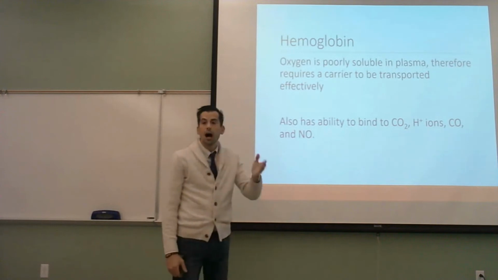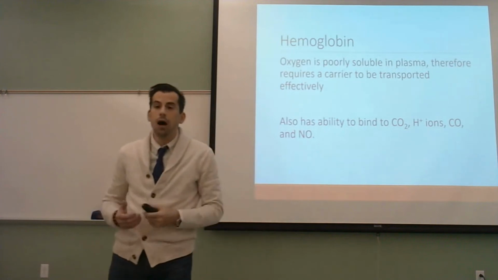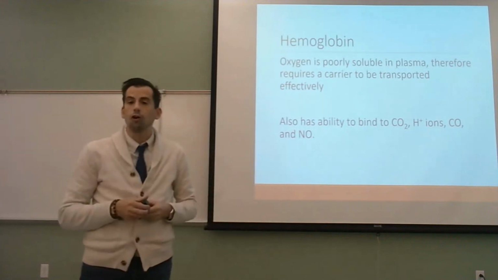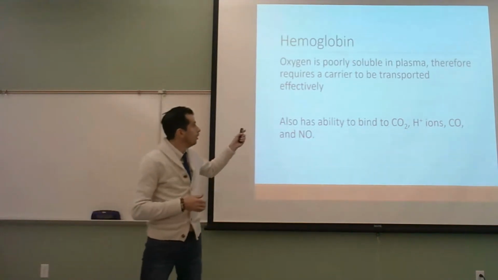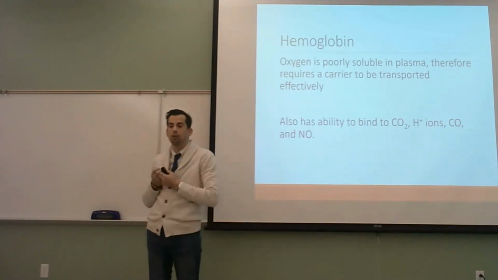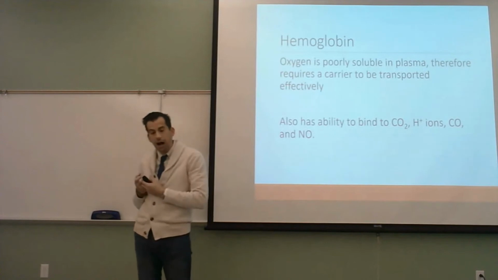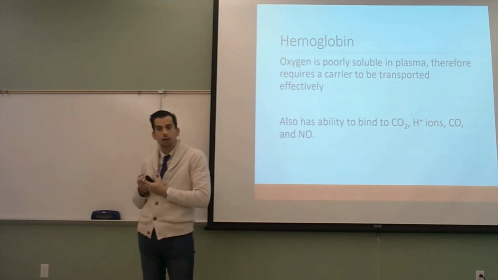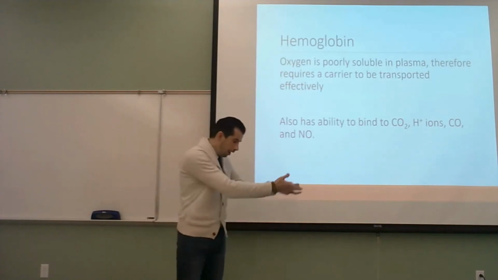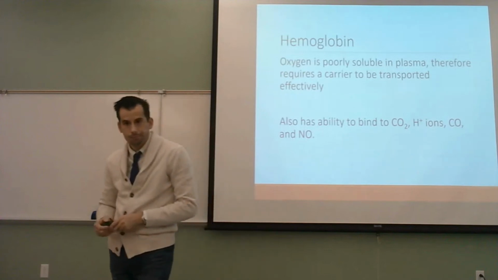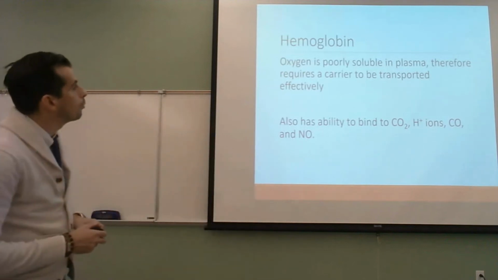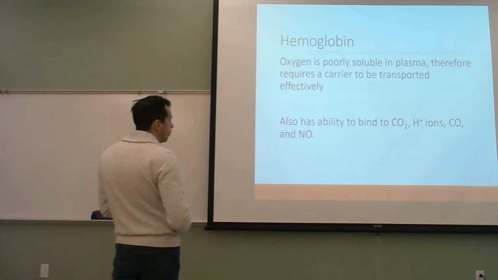And how we see oxygen and carbon dioxide have this dissociation curve. How does the hemoglobin have the ability to pick up oxygen at the lungs and bind oxygen at that site, but then get to the tissues and kick that oxygen out? So we'll talk about those principles once we get to respiratory.